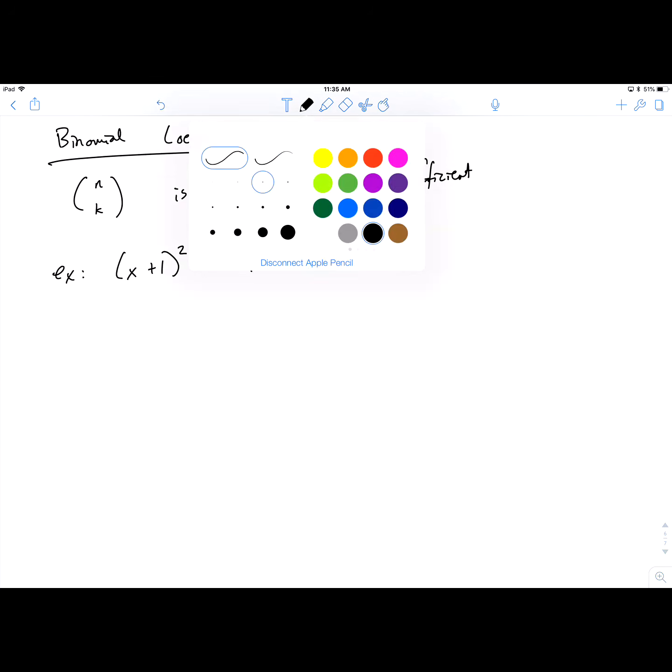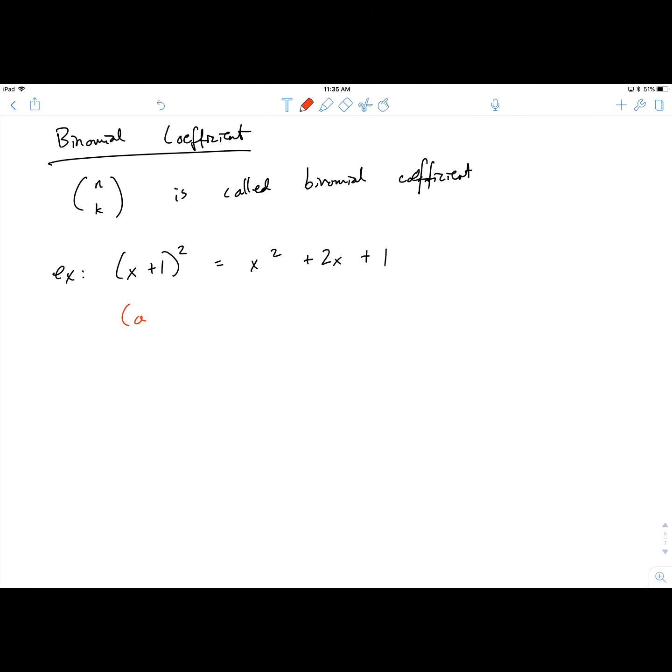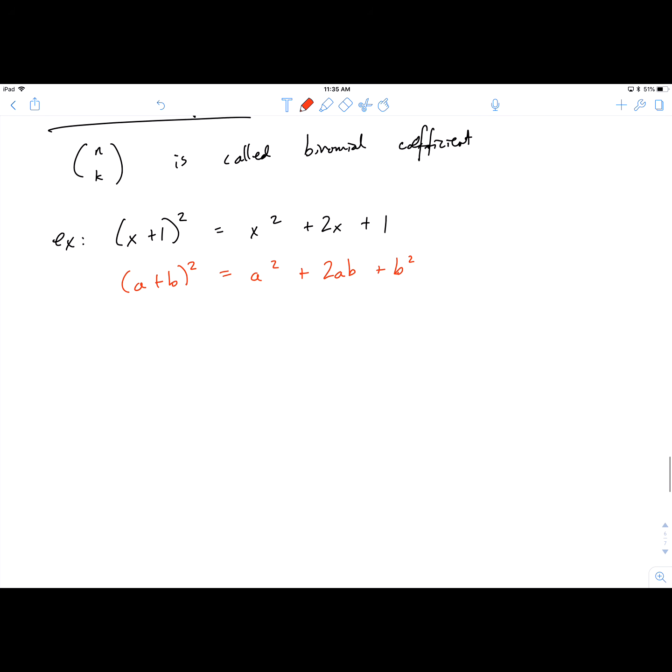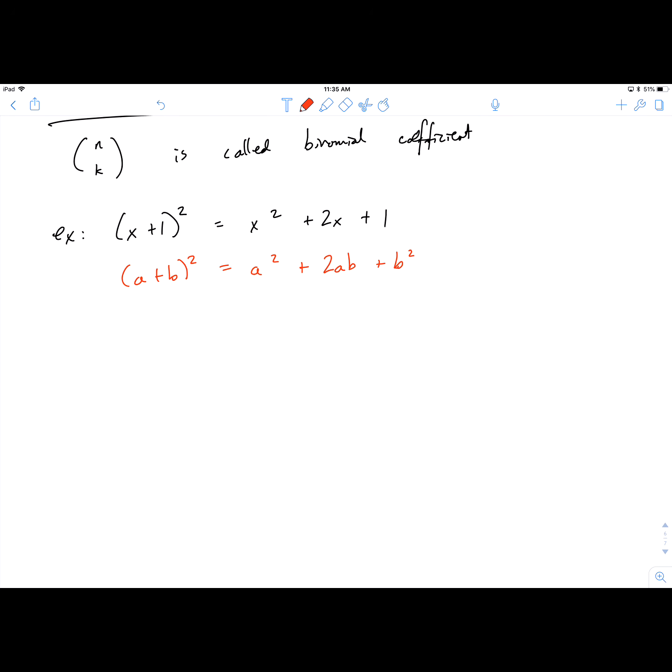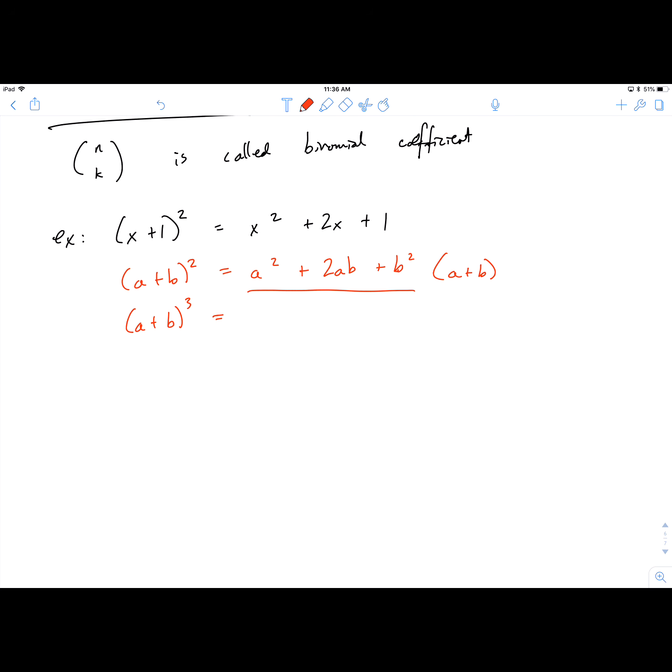In general, there's a formula for this, that (a + b) squared is a squared plus 2ab plus b squared. So that's the familiar piece. Then if you wanted to cube this, it gets tedious, but you could take (a + b) squared and multiply that by (a + b) again, do all the distribution, collect like terms, and so on.